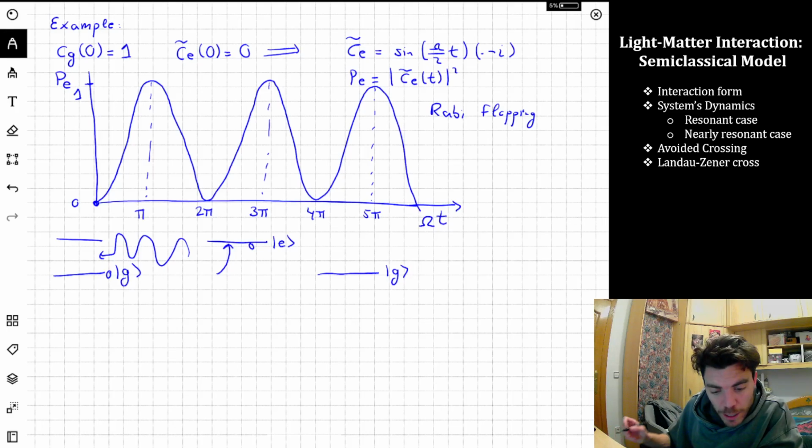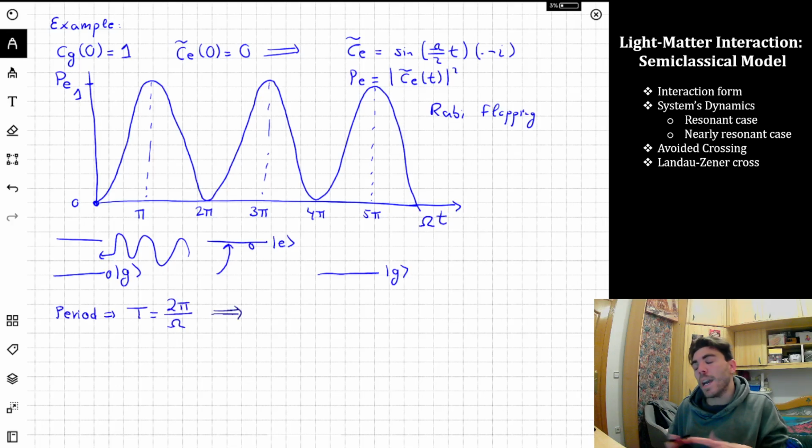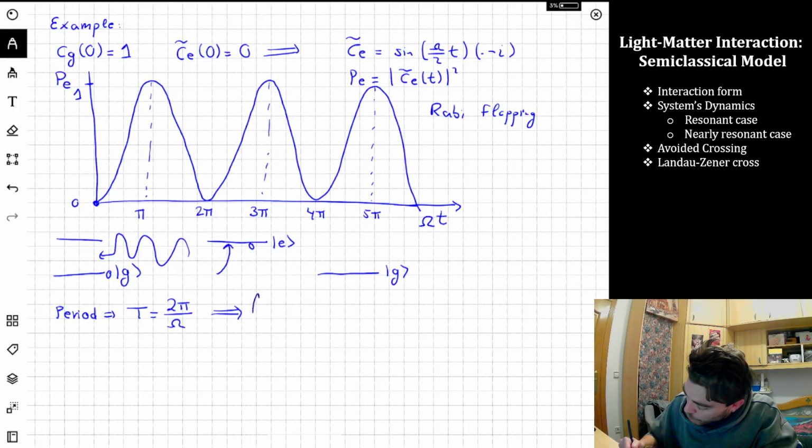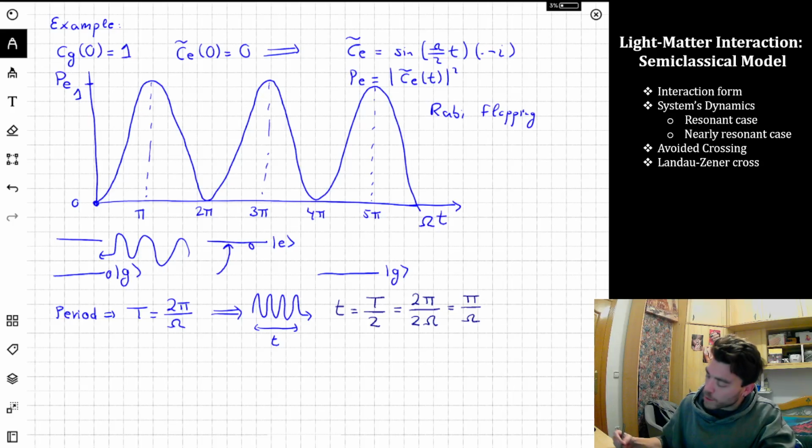And this is very important because the period T of this oscillation is clearly 2π over Ω. So imagine that we have the atom in the ground state and we want to put the atom in the excited state. One thing that we can do is send a pulse of light for a certain time t, and if this time is exactly half the period, then this is 2π over 2Ω, this is π divided by Ω, so this is the time.